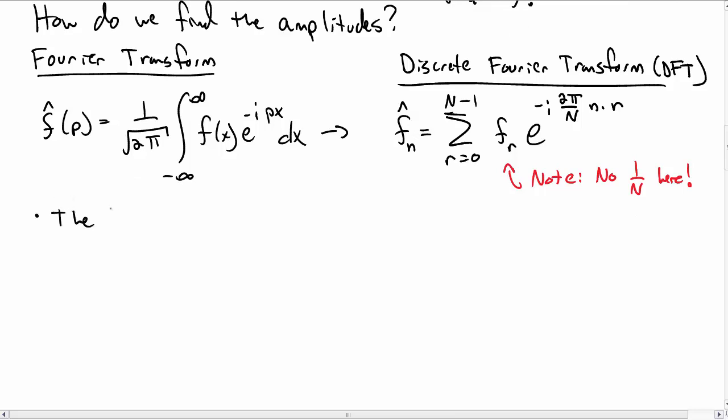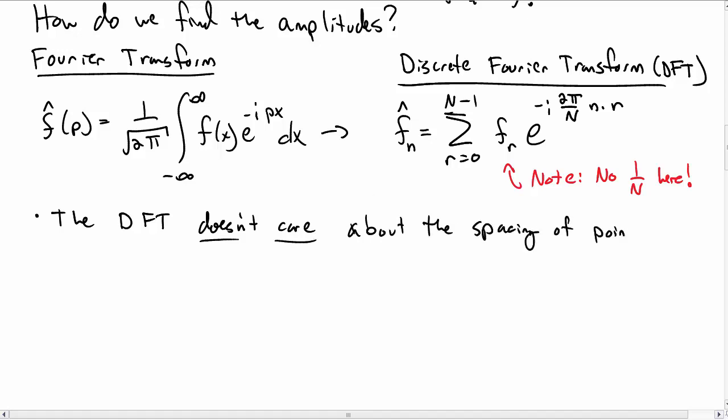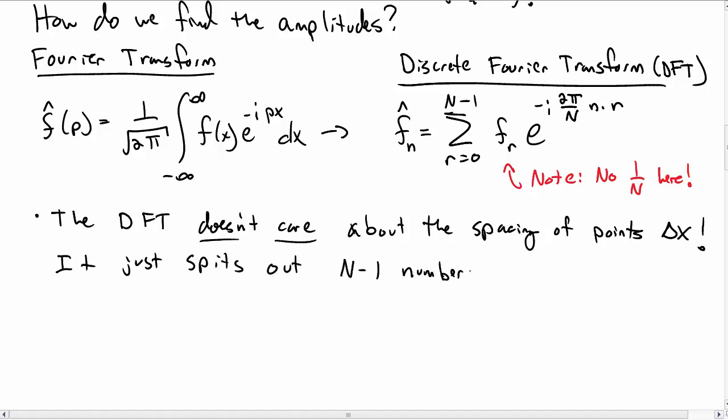Okay, so just one thing to note, the discrete Fourier transform, as we compute it here, doesn't care at all about the spacing of our points, the delta x in particular. It doesn't show up in the formula at all. So this expression for the discrete Fourier transform just spits out N values, or numbers, given by a set f hat sub n.